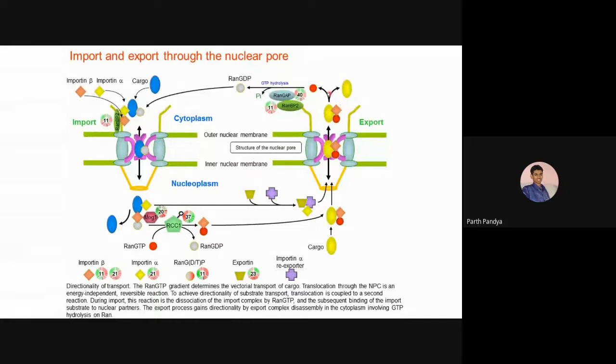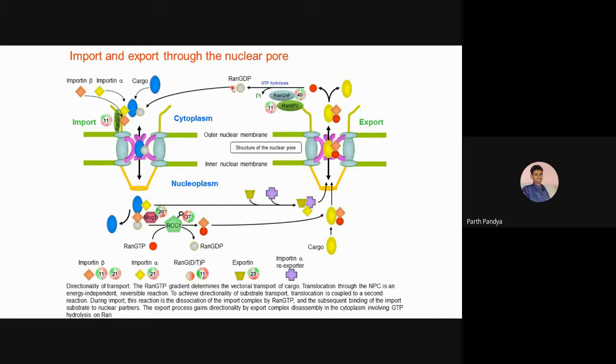There the role is played by RAN GAP, which hydrolyzes the GTP, and RAN GDP is produced. So in short, there are some proteins playing a major role, like in mitochondria it was Tim and Tom proteins. In this case, it is the RAN GTPase and the RAN GAP proteins.